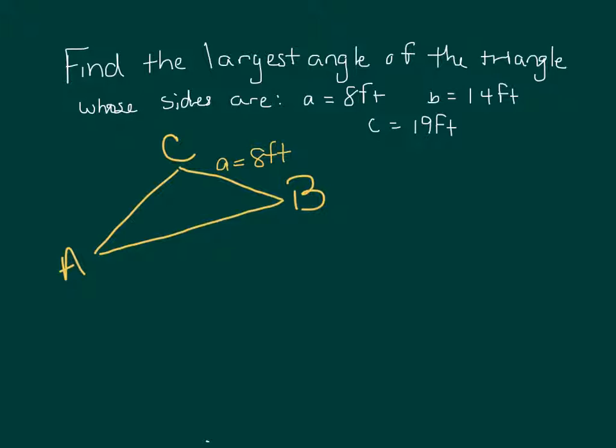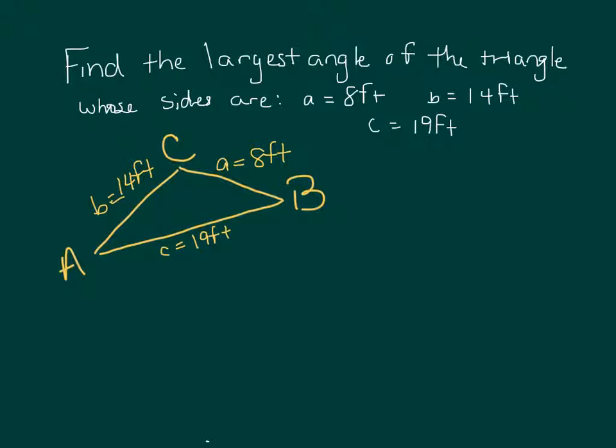Opposite angle B is side B, so little b is 14 feet. Opposite angle C is side C, so little c is 19 feet.